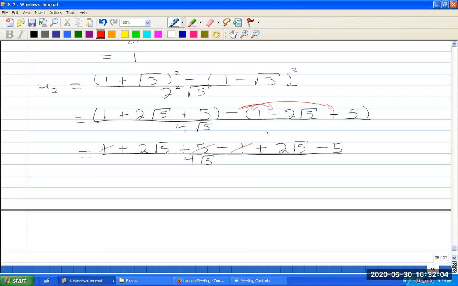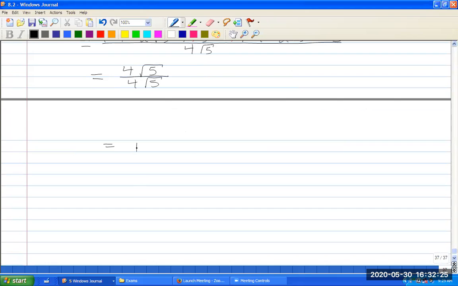The 1s and 5s cancel. So this is equal to 4 rad 5 over 4 rad 5, and so this is equal to 1. Good. So I've shown that both u1 and u2 are equal to 1.